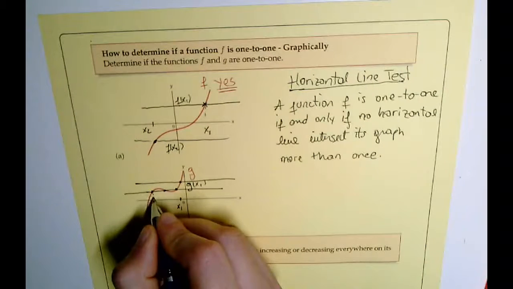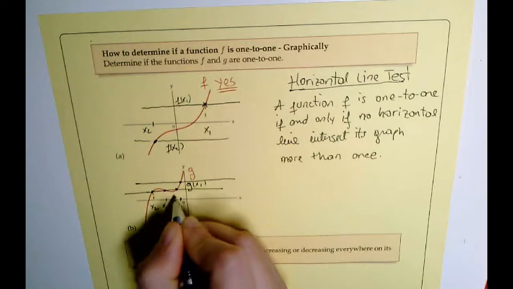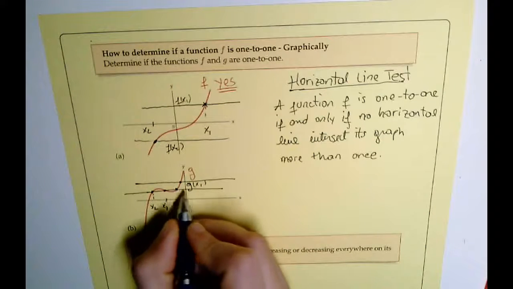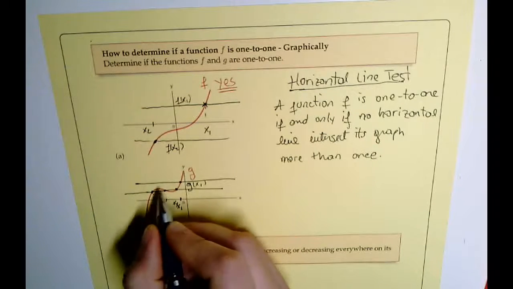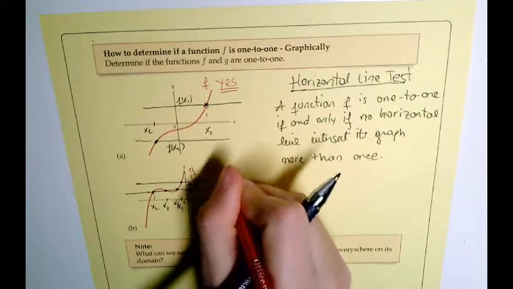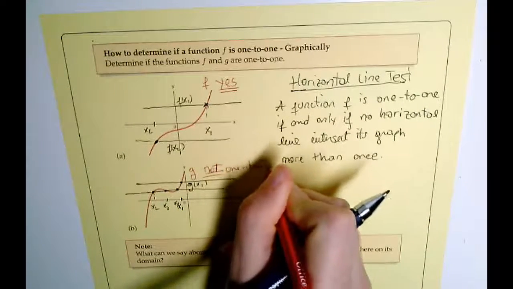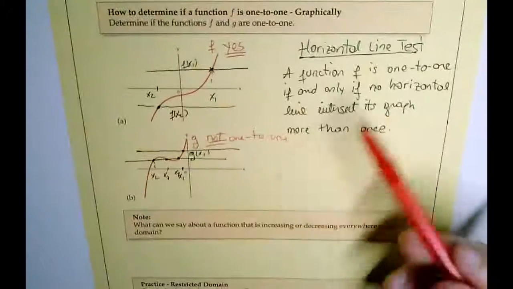That means there are 3 inputs, let's call them x2, x3, and x4, that share the same output. So this is a 3-to-1 correspondence. So G is not 1-to-1. This is how you determine graphically if a function is 1-to-1: you perform the horizontal line test.